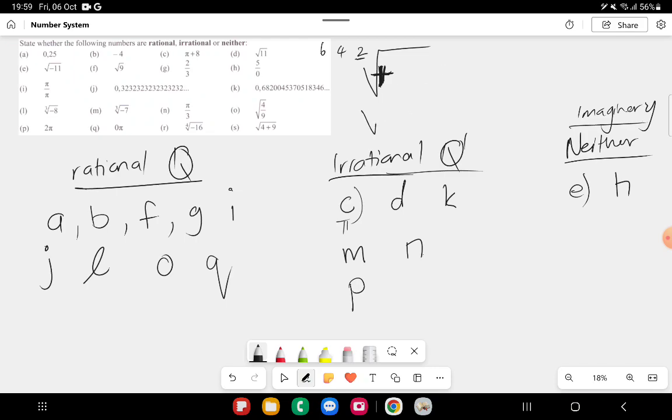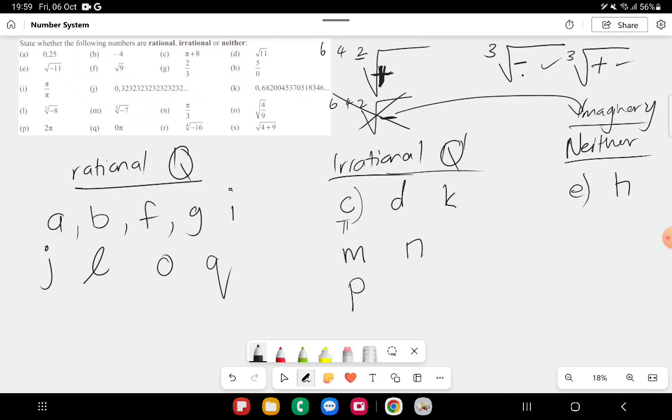If I have the square root of a negative number, fourth root, or sixth root, this is an imaginary number. However, if I have the cube root of a negative number or the cube root of a positive number, both of these are possible and they could be rational or irrational.